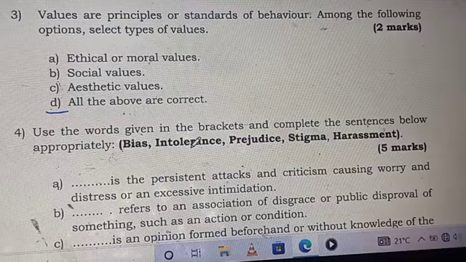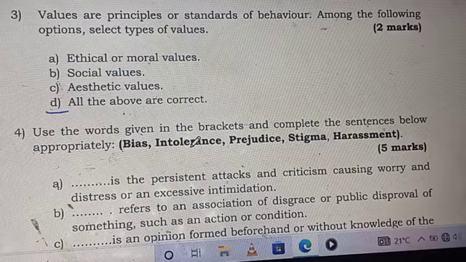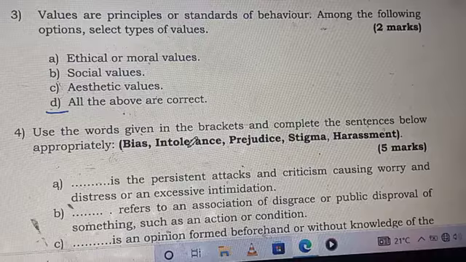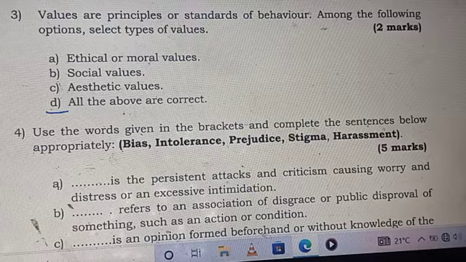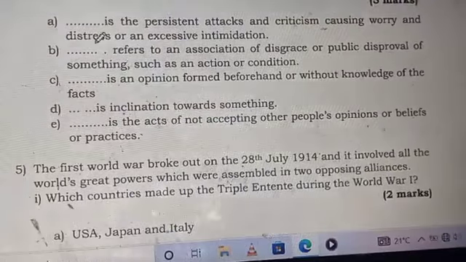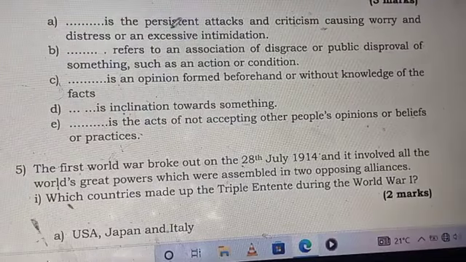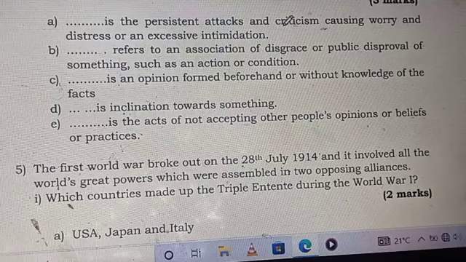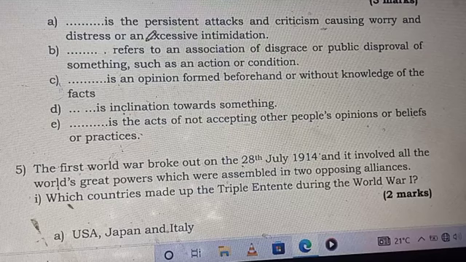Bias, intolerance, prejudice, stigma, and harassment. Let's start with A. A dash is persistent attacks and criticism causing worry and distress, or an excessive intimidation.